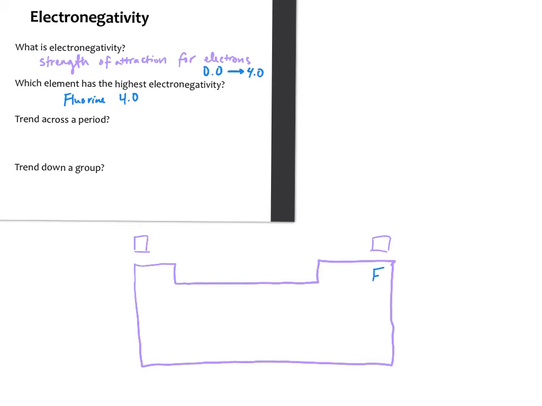Now let's look at the trends across the period and down a group. Going across the period, as you go from left to right, you're getting closer to fluorine, because over on the left side you have metals. Metals only have one valence electron. They need 7 more to be stable and reach 8.